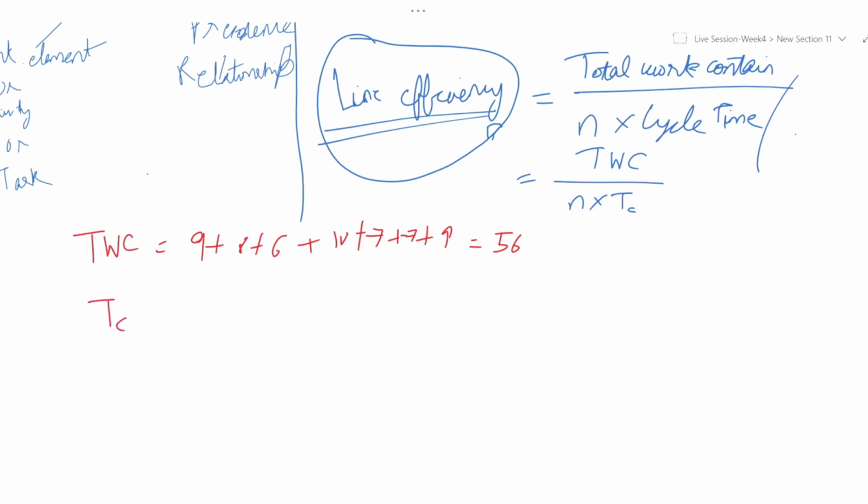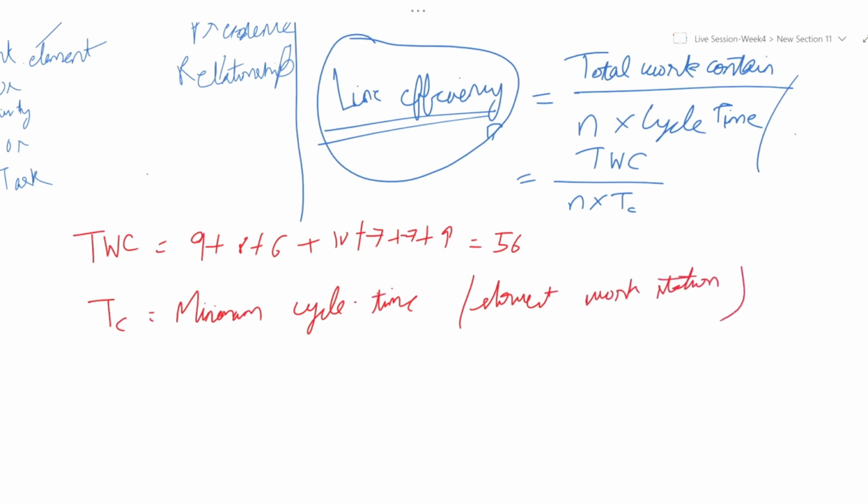Minimum cycle time, or we can say the slowest workstation, is the one which takes the maximum time, that is 10.